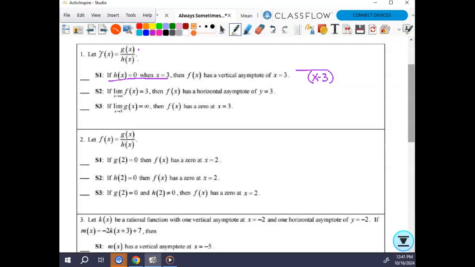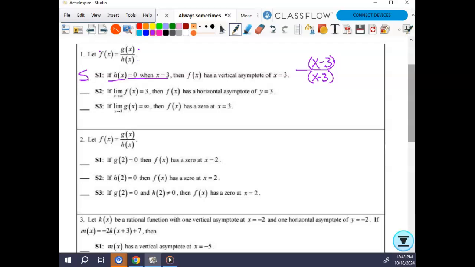That would have to cancel out, yes. Which means if I cancel out, I get a hole, and then I don't have an asymptote. So if the first part is true and I don't have one in the numerator, then I would. If I do have one in the numerator, then I wouldn't. So do you think this is always, sometimes, or never? Sometimes, okay? It just depends on what else is happening.